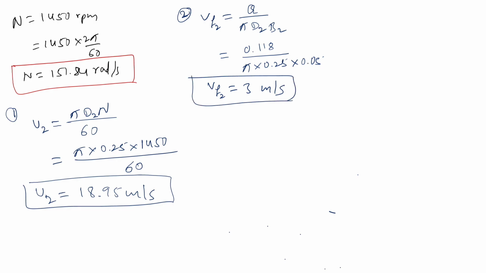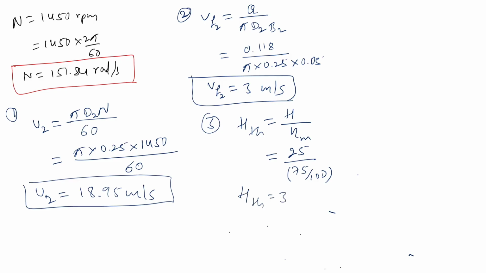The theoretical head Hth is equal to head divided by manometric efficiency. H is equal to 25 divided by efficiency 75 divided by 100, that means 75%. We will get theoretical head equals 33.33 meter.